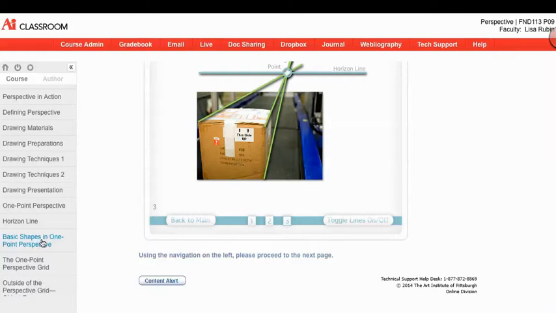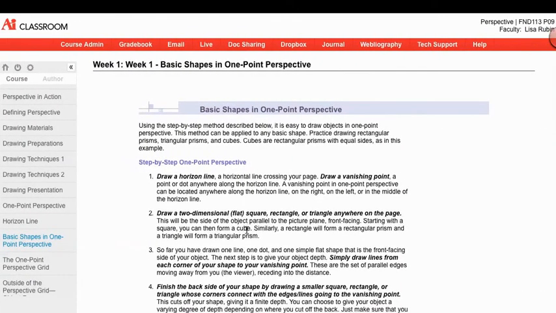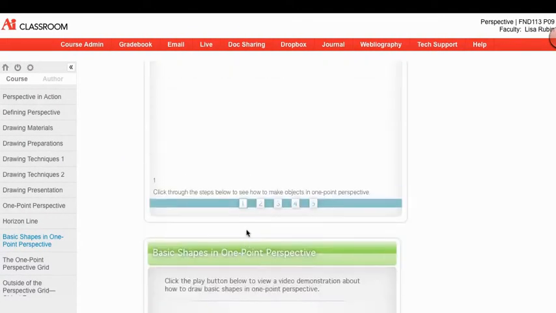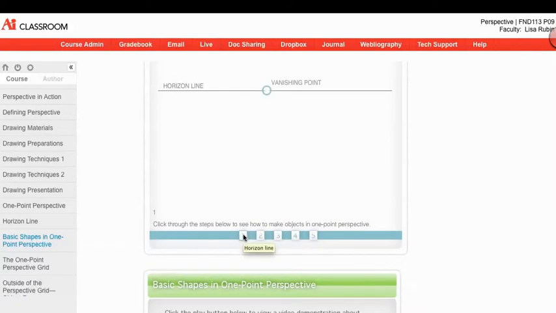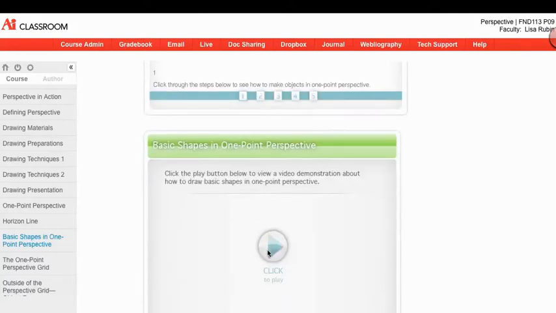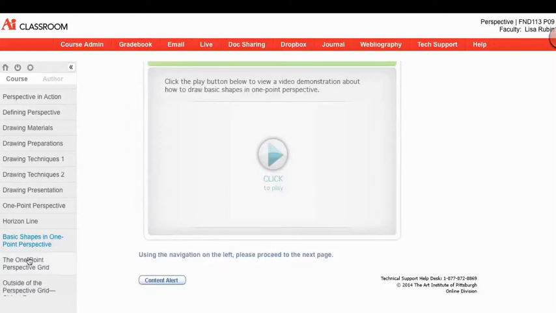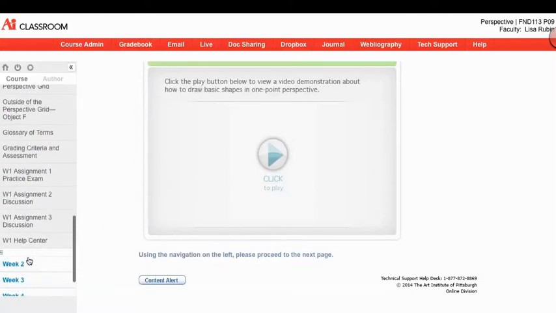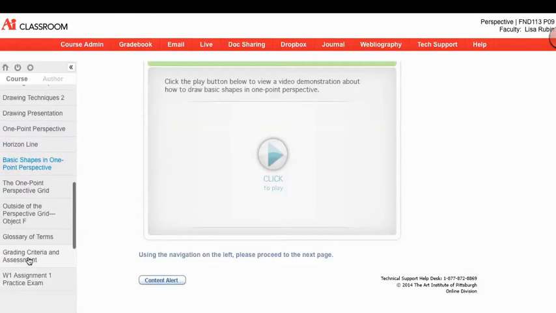So basic shapes in 1 point perspective. One of the things to remember about this, and this is discussed in the video, she calls it the F factor.